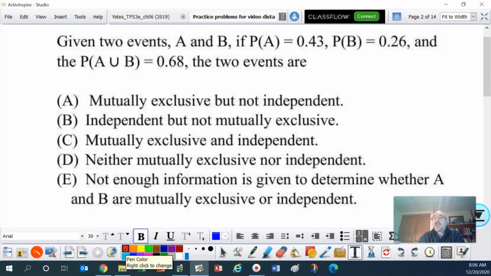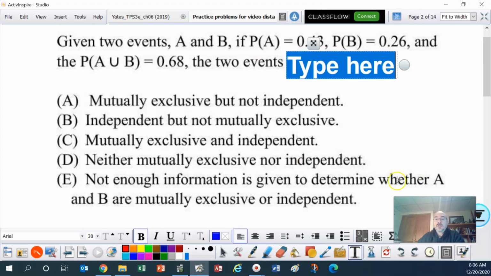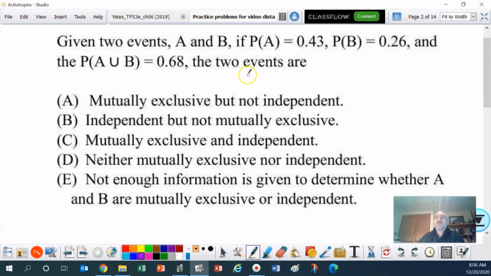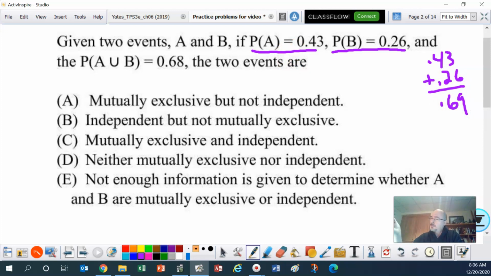But if I take the probability of A and the probability of B and add those together, 0.43 plus 0.26, I get 0.69. What? It says, though, that the probability of A or B is 0.68. Well, that means they must be sharing something.